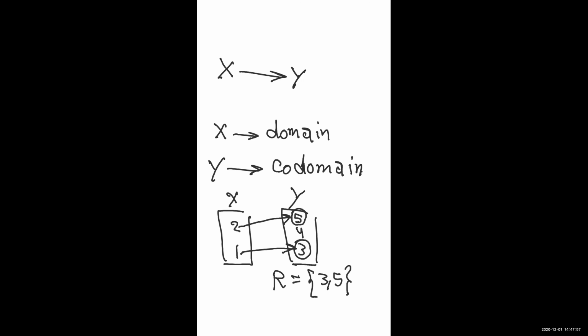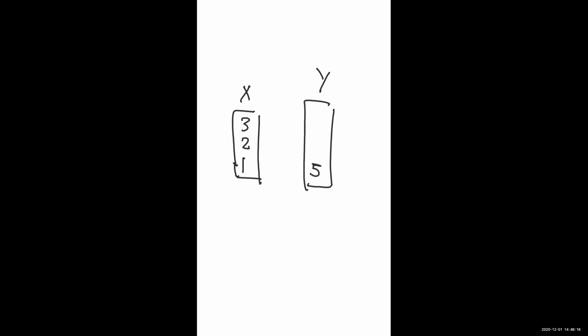And we said that in the range we will not repeat any element. If there is a set of x and a set of y, 1, 2, 3, and here other elements like 5, 6, 8.